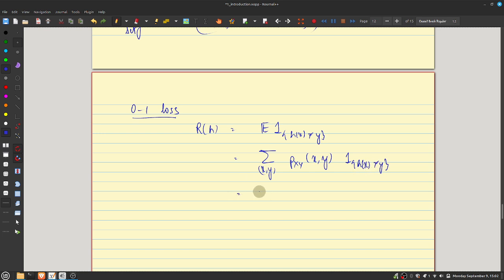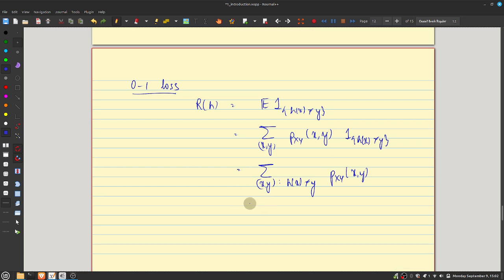So this is just summation over all xy such that H of X is not equal to Y, Pxy of X comma Y. What is this? It's just the probability that H of X is not equal to Y. This summation is effectively only over those X comma Y such that H of X is not equal to Y.